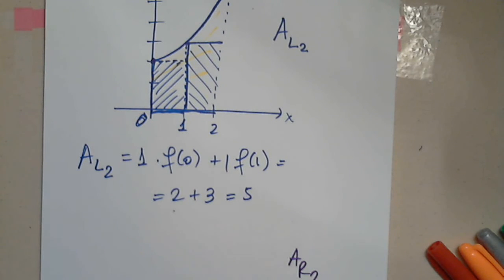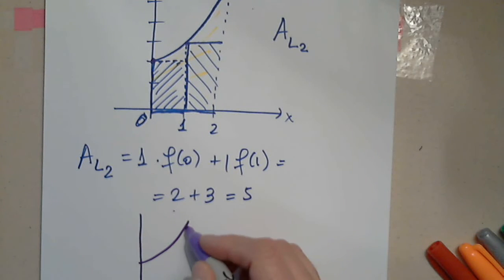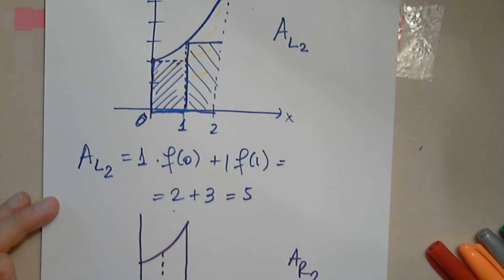Okay, so now let's repeat for the right endpoint. Same graph. Since you understand what I'm trying to do here, I'm not going to graph a lot of details. With the rightmost point, I have this rectangle, with the rightmost point as the height. Base times height.